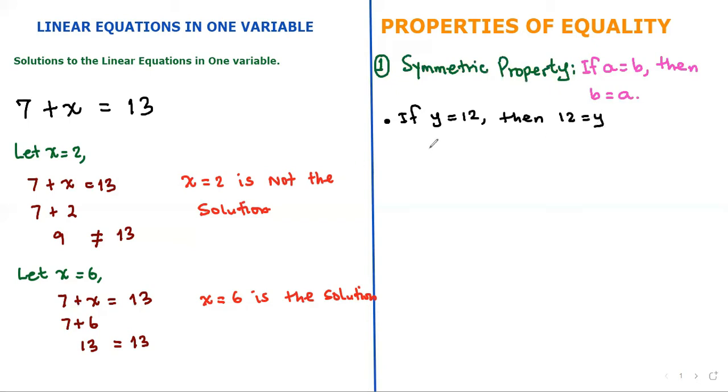That's what it means. If y is 12, then 12 is also y. So that is what we call the symmetric property.